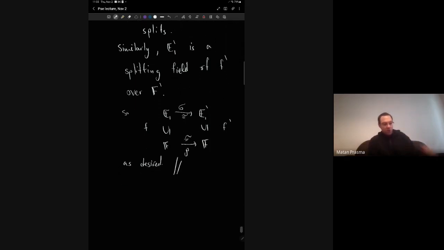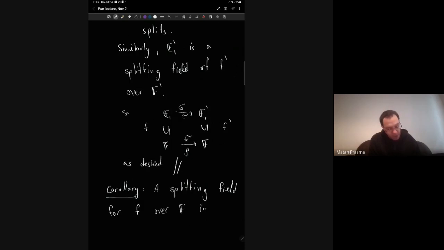Let me draw a corollary. A splitting field for f over F is unique up to isomorphism.